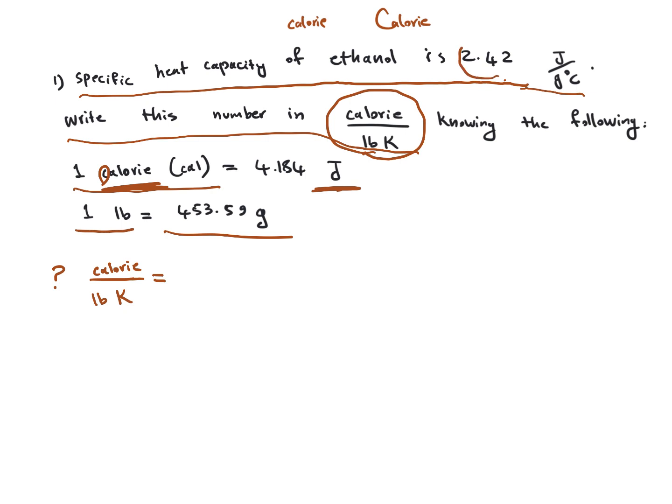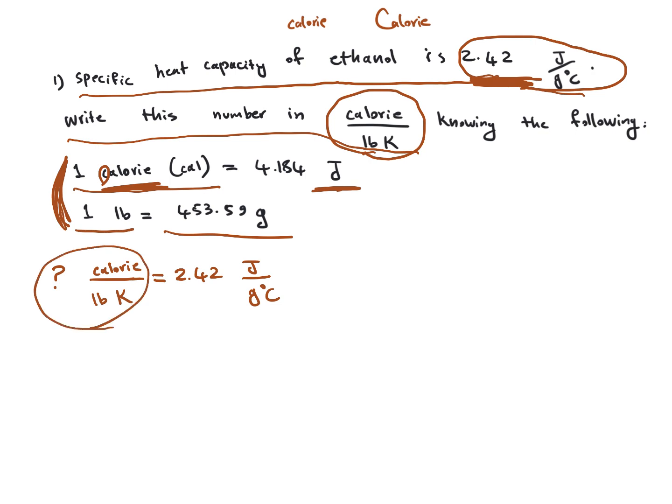You are given this number, 2.42 joules per gram degree Celsius. Although you have this information, these are your conversion factors, and this is the thing that you want to find.